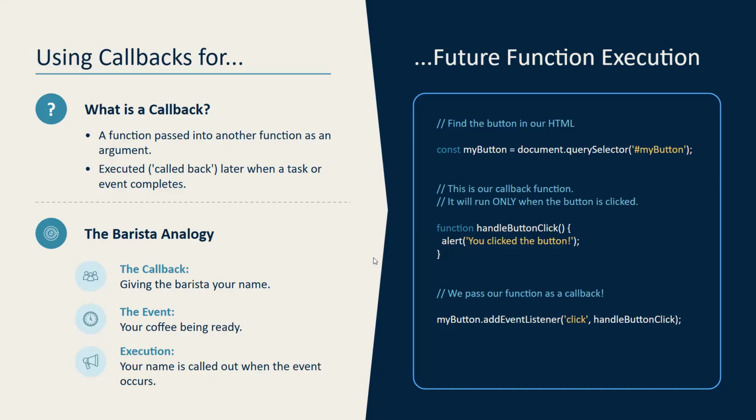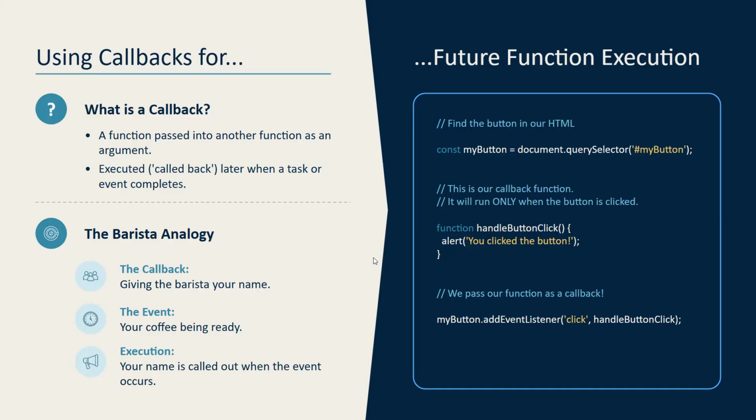And then on the right, we have a small example where we first select the button from the HTML using the document.querySelector. If you don't know what that is, do not worry. This will be explained in the coming weeks. Then we create a function called handleButtonClick, and inside that function we show an alert message, and finally we use an event listener to tell JavaScript to listen for a click event on that button.